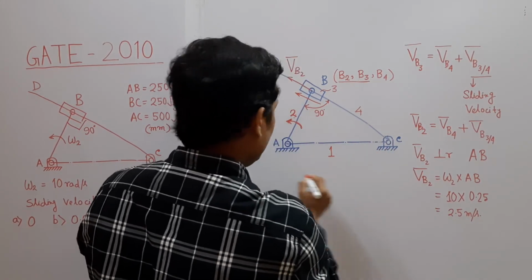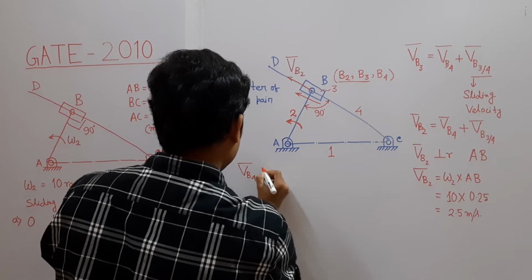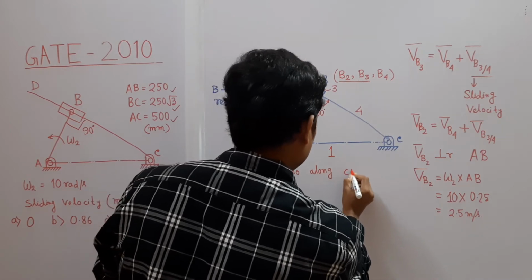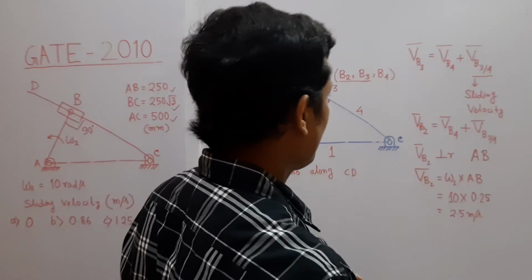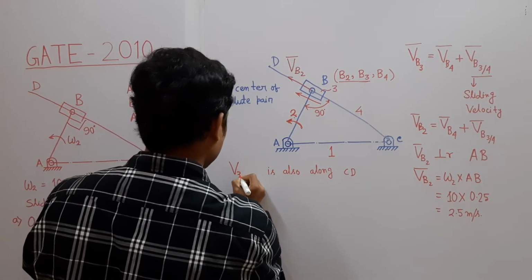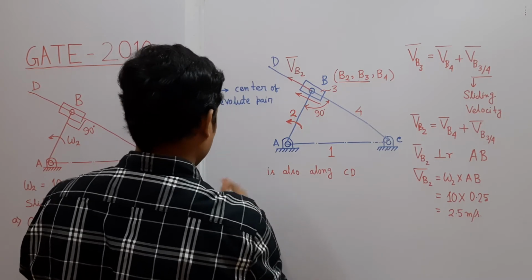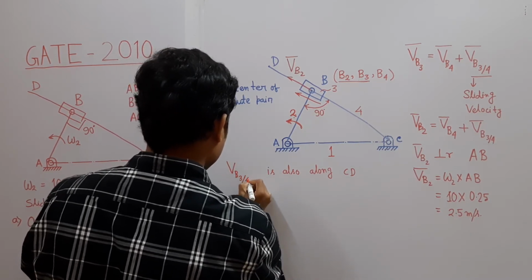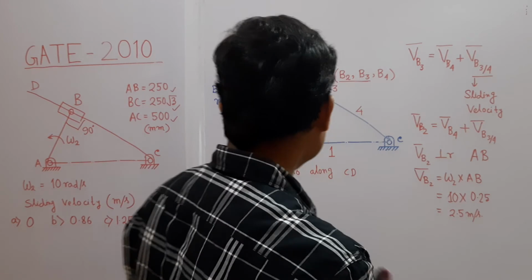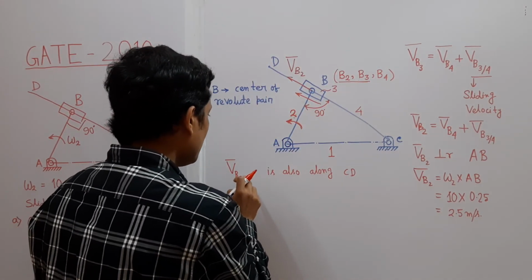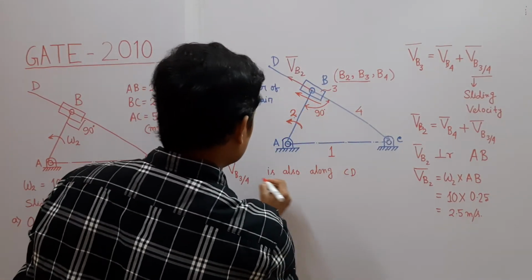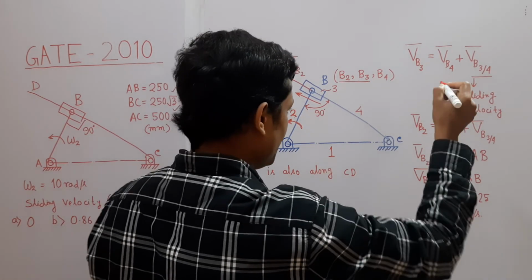So V3/4, the sliding velocity, is along CD.